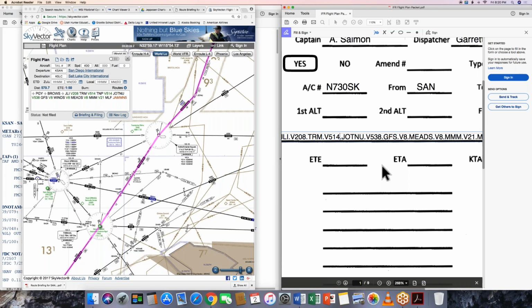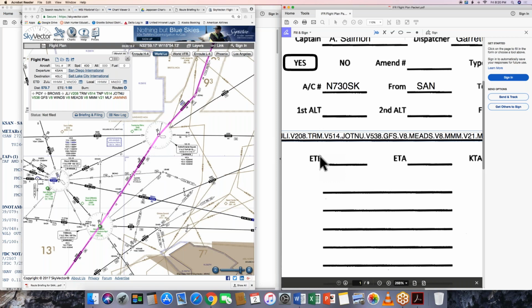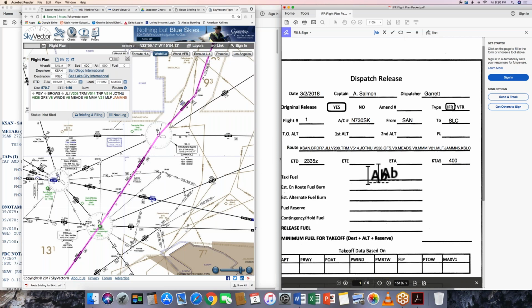So you're going from TRM to JOT2 and there's no route connecting the two. Just make sure you're writing it down right. Just give it a look over. No eating donuts while you're playing with the charts. Anyways, that's what our flight plan comes out to be.